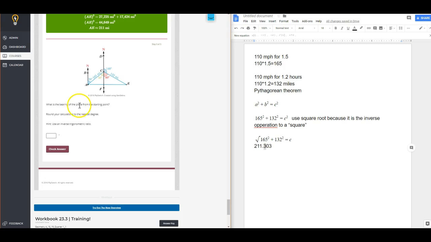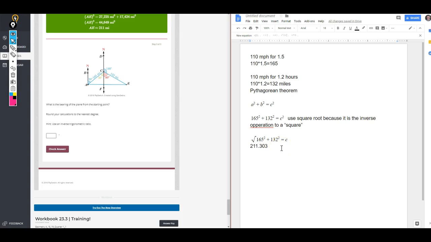Now, what is the bearing of the plane from the starting point? Round your calculations to the nearest degree. So from the starting point, they are wanting to know what the bearing is from our starting point. Since our starting point was here, we are now over here.